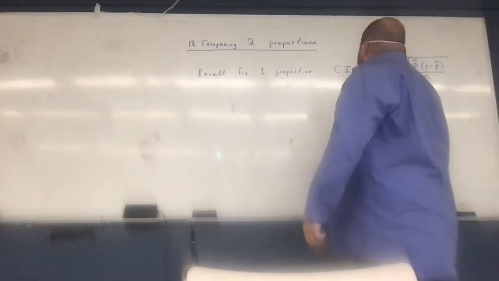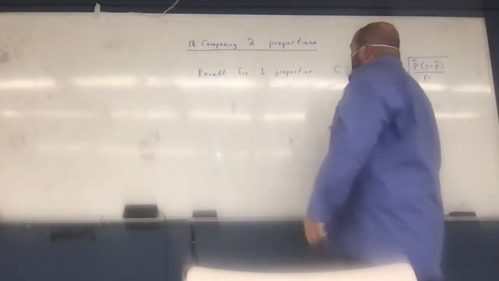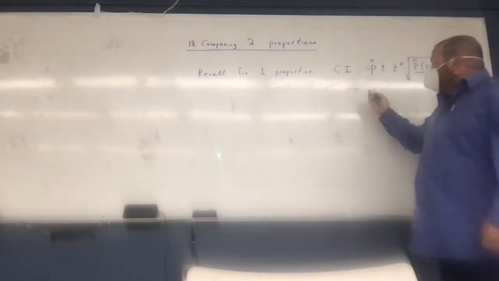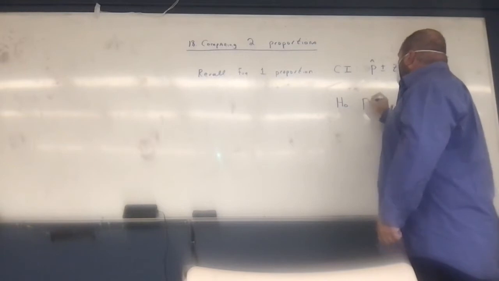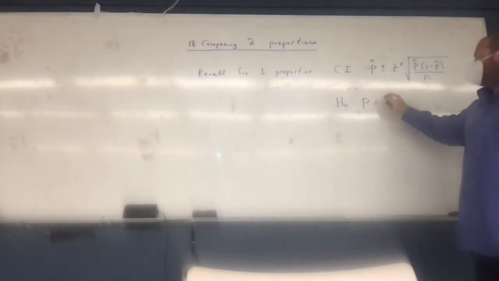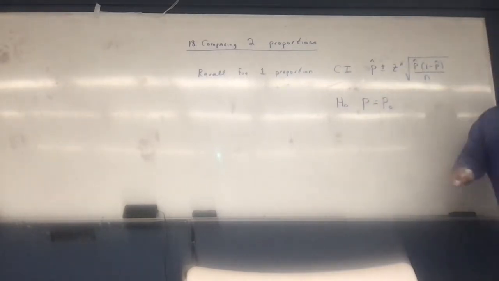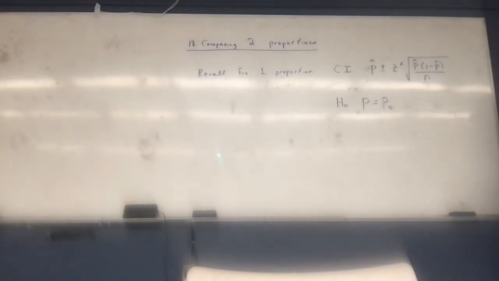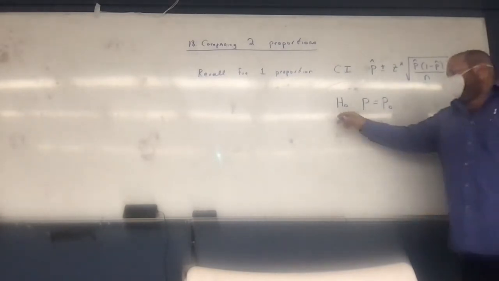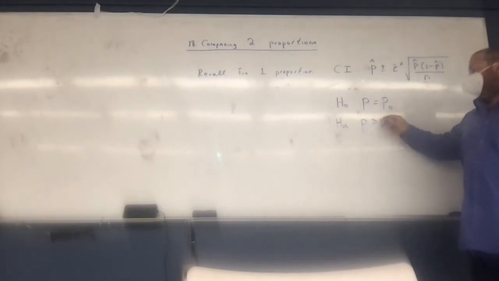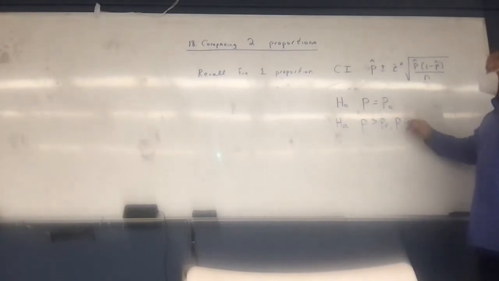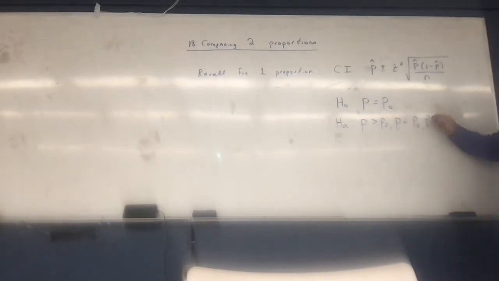We also did a hypothesis test for 1 proportion. We had a null hypothesis that the true value of p was equal to some value p naught, p sub 0. And then we had 3 possible alternatives: p being greater, p being less than, or p being straight up not equal.